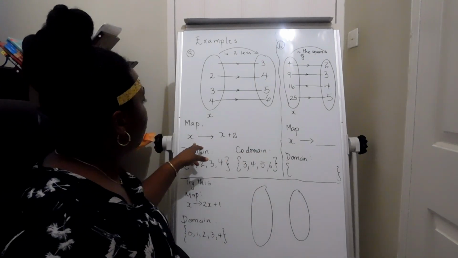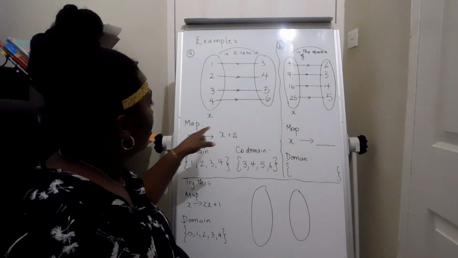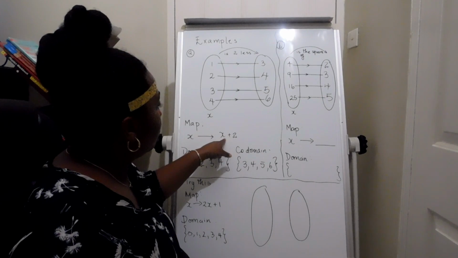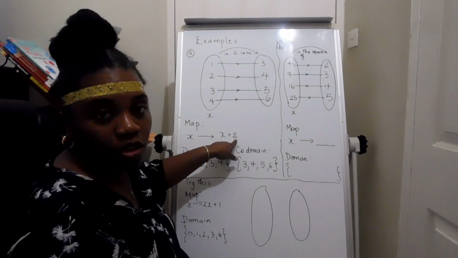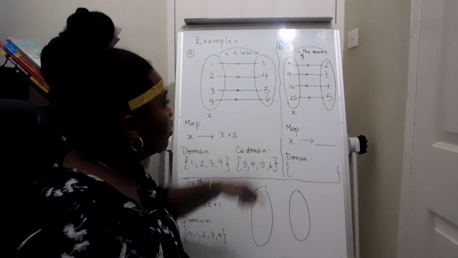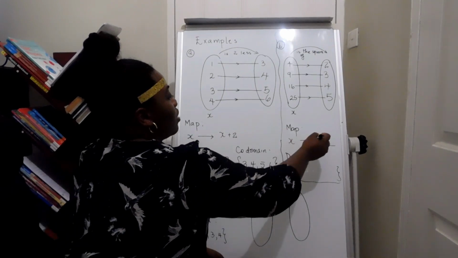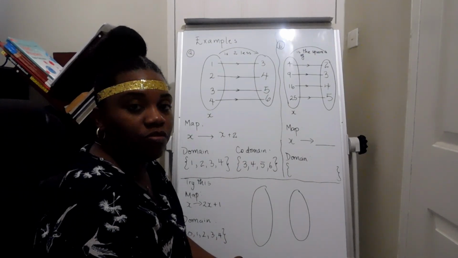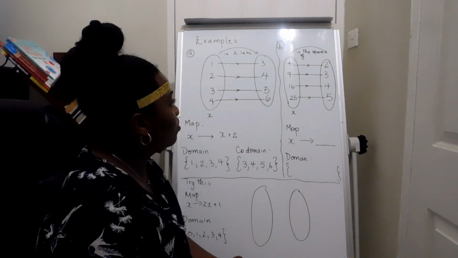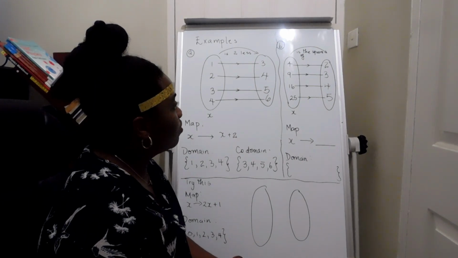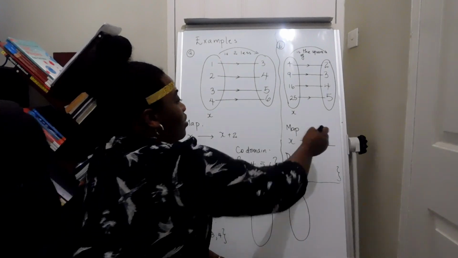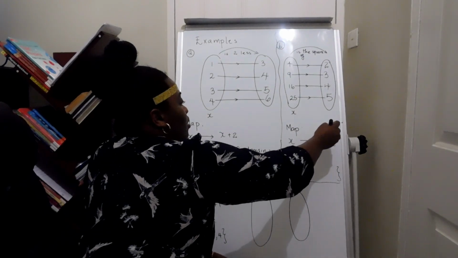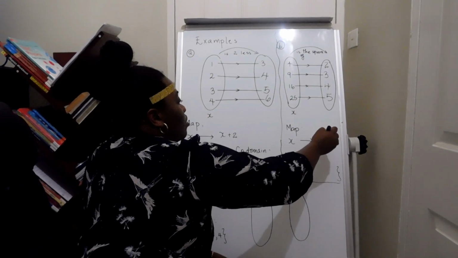So what would be the map? Remember, for the earlier map, whatever x was, you added 2 to get over here. So in this case, whatever x is, what do you do? Right, you square it.